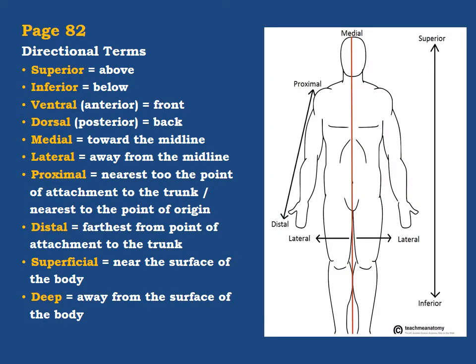Page 82, this is what I mentioned earlier in the previous lesson about the directional terms. They are put in one page with their meanings and examples. So again, you can refer to page 82 for more information.